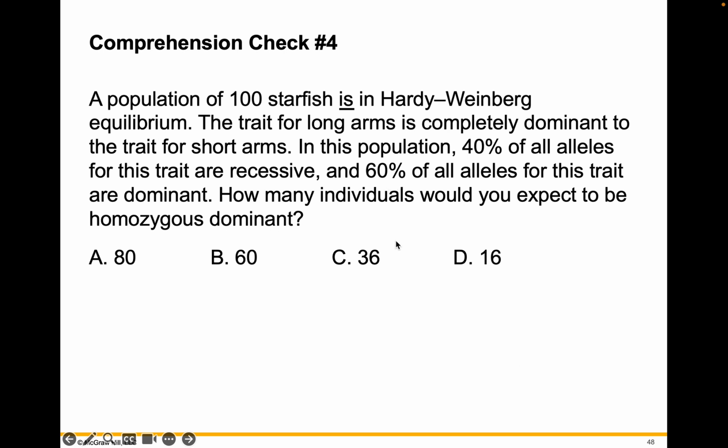That's the decimal that goes with 60%. And if we want to know how many individuals are homozygous dominant, we have to square this. So 0.6 times 0.6 equals 0.36. And since our population size is 100, that means that there's 36 individuals in the population that should be homozygous for the dominant allele.